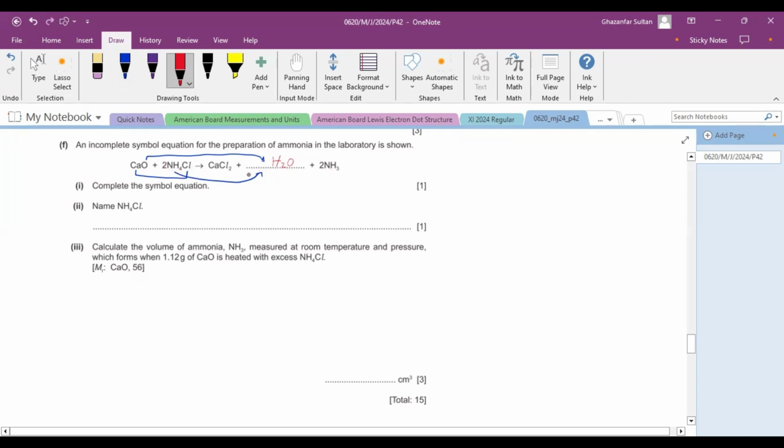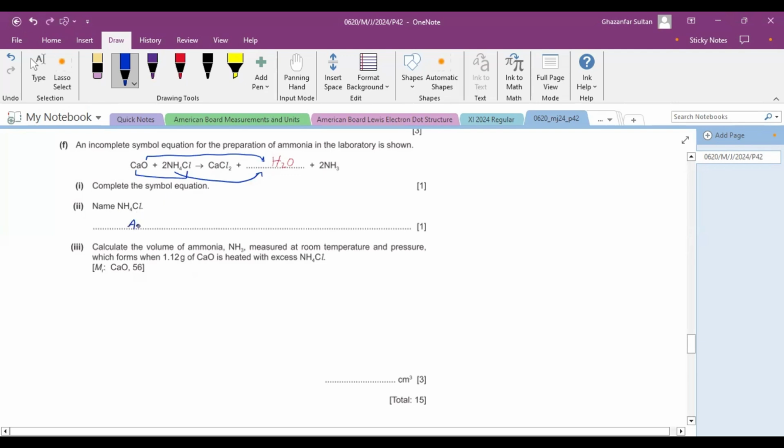2 fours are 8, and here 2 threes are 6 plus 2, 8, and everything else is balanced. Now name NH4Cl. NH4 is the ammonium ion, and this is chloride.